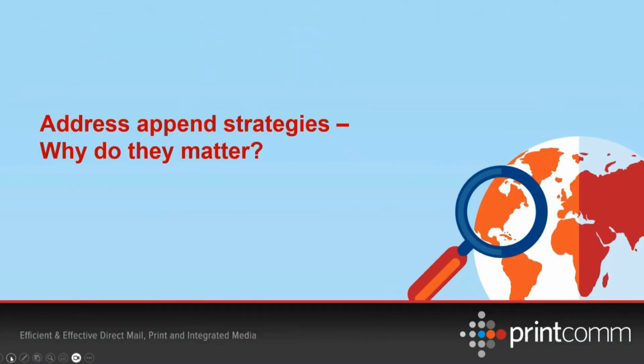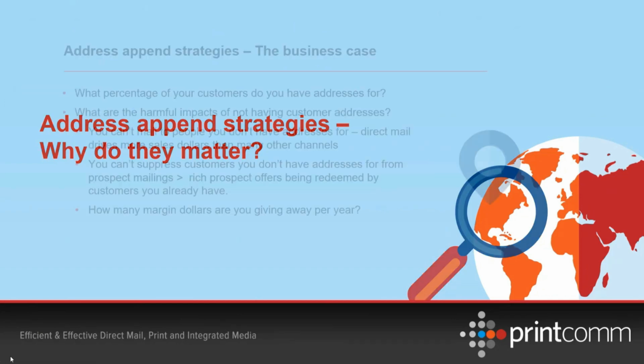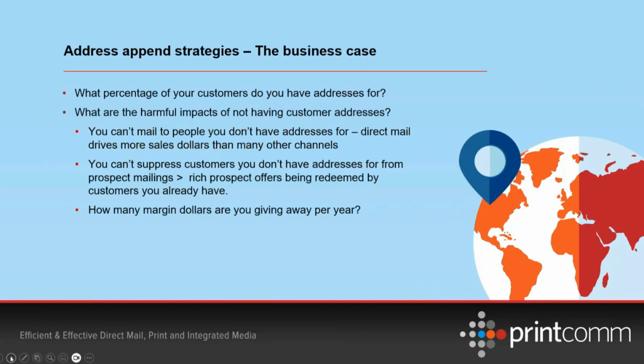Okay, a little bit on address appending. And the big question is, why does it matter? So I'm going to ask a question here. What percentage of your customers do you have addresses for? If you're selling direct mail or an agency, what percentage of your customers do they have addresses for?